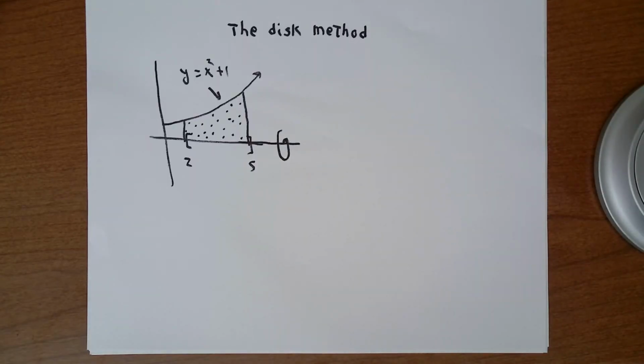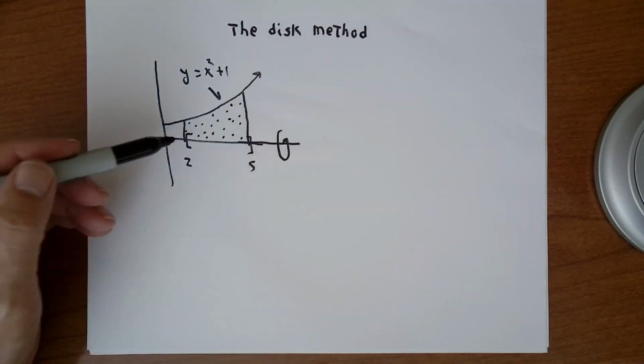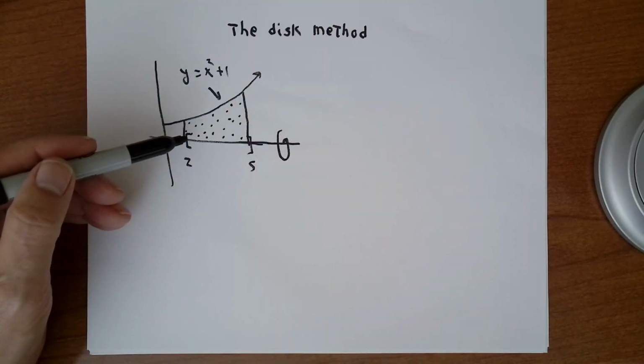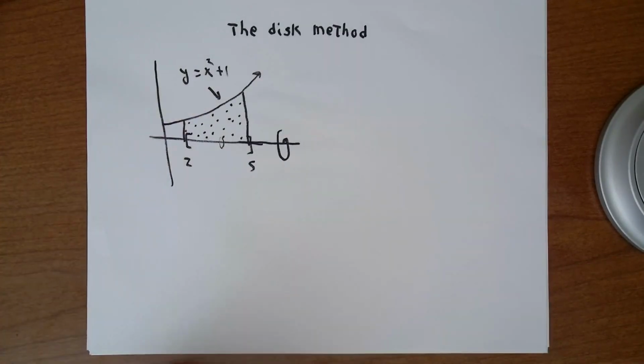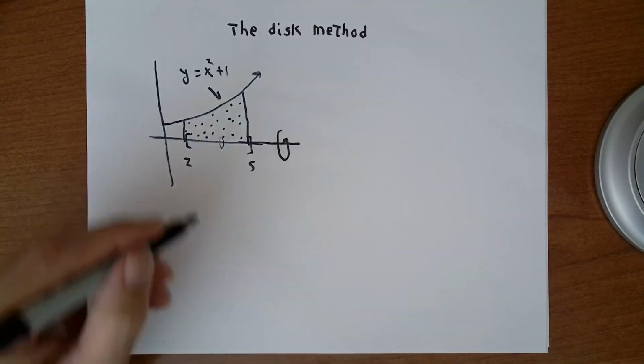Instead, I'm going to grab the x-axis and use it like a handle to revolve this shape completely around the x-axis one time. Each one of these dots that I've indicated here goes around in a circle. This one goes around in a comparatively small circle.